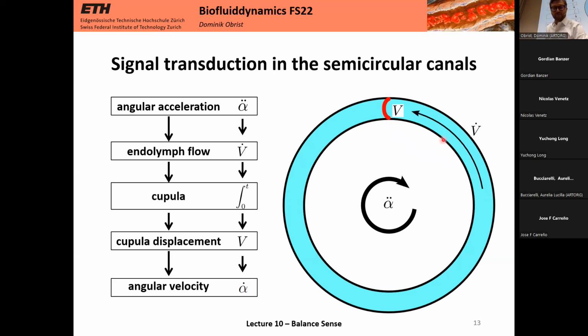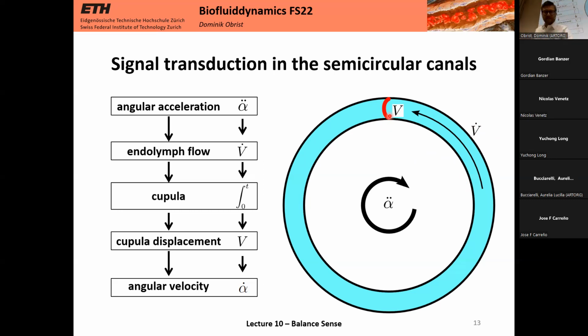And we have some flow here in this direction, which we call V dot, volume dot, or sometimes, like in blood flow, we used to call it Q, a volumetric flow rate. And we have here a volume V, and by the volume V, I mean how much the cupola has been displaced. Essentially, it's the volume under the cupola, right?